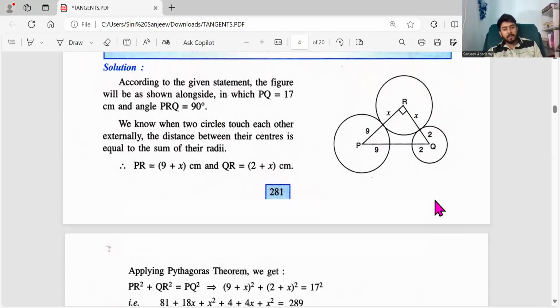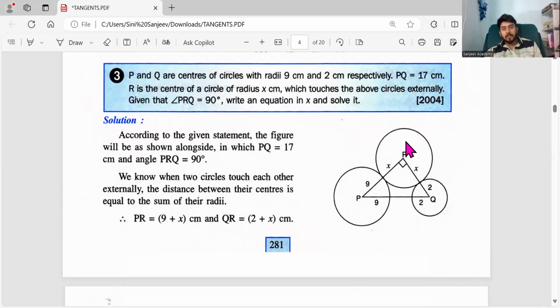PQ, 9 plus 2, 11, correct? So PQ in the question is given as 17. So we should not mistake PQ as 9 plus 2. PQ in total is 17.